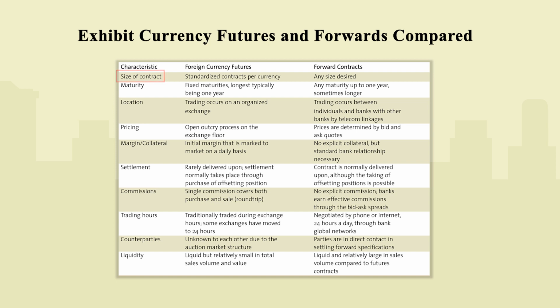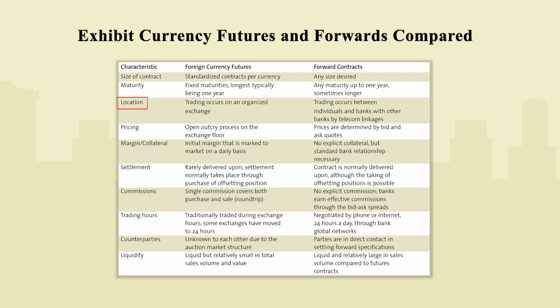From the size of the contract, a currency futures contract is standardized for every currency, while for the forward contract, it's any size desired. From the aspect of maturity, futures have fixed maturities, the longest typically being 1 year, whereas a forward contract can have any maturity up to 1 year, sometimes longer.